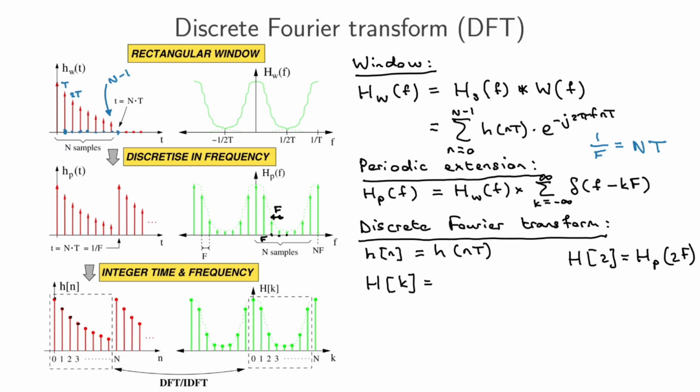All I need to do is substitute in k times f. So if it's 2, then I look at 1, 2, and I get the height there. For sample 2, this is the height I read off, and I get that from this equation. Everywhere there's an f here, I just replace it with kF.